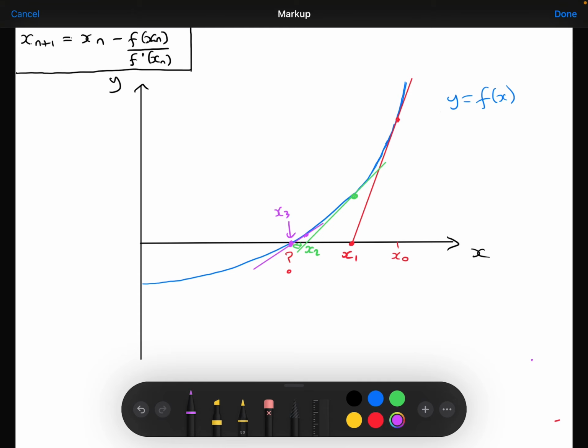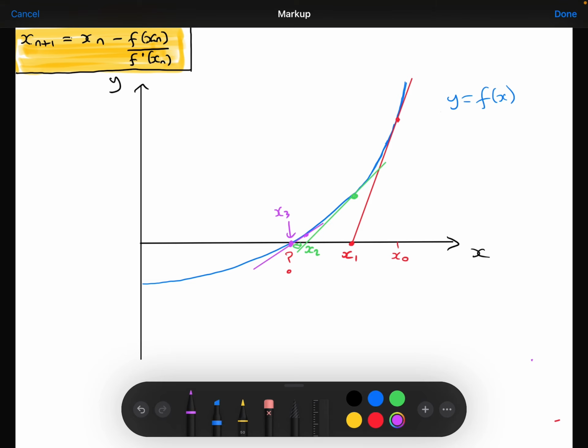So by drawing successive tangents and seeing where they intersect on the x-axis, that gives me successive approximations for the root. And that's what this formula does. If you're interested in me deriving this formula for you, there is another video in the playlist that I'll link in the description where I derive this formula.